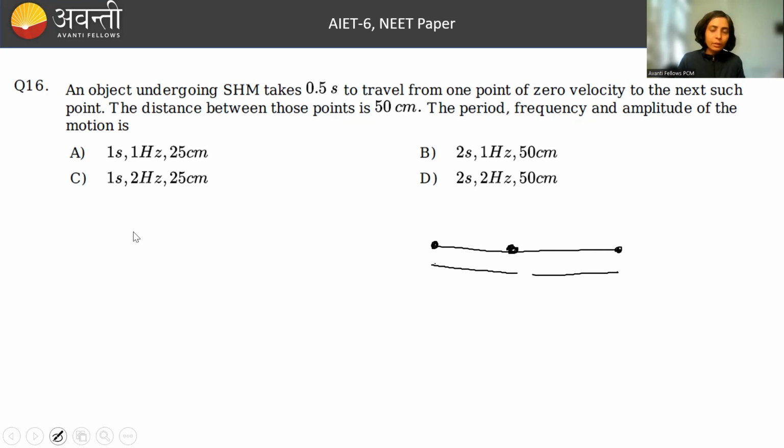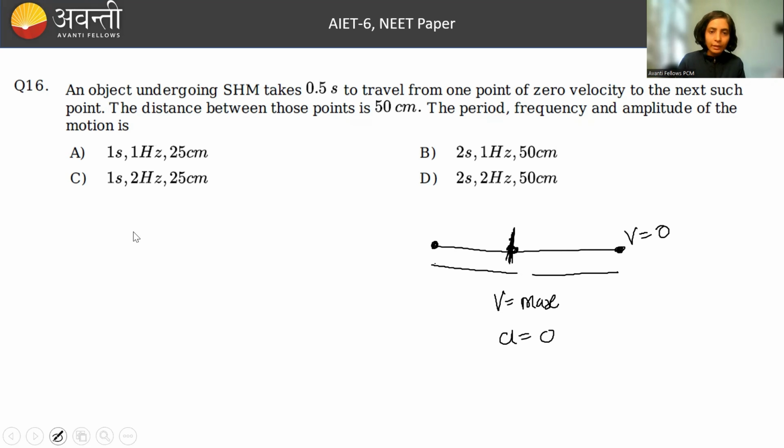Another thing we have learned is, in a normal SHM that we have studied, at the mean position velocity will be maximum and acceleration will become equal to 0. And at the extreme, velocity will be 0 and the displacement is maximum, because this is the point of amplitude.